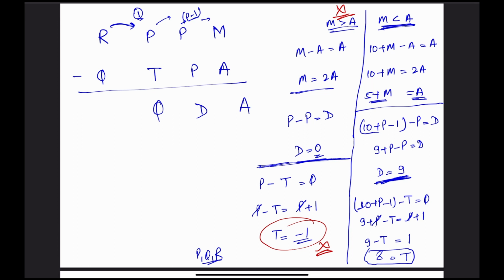Okay, let me just see over here. Have I made a mistake? If M is greater than A, so this will be true. If this is true, P minus P will be equal to D equal to 0. P minus P, D equal to 0.